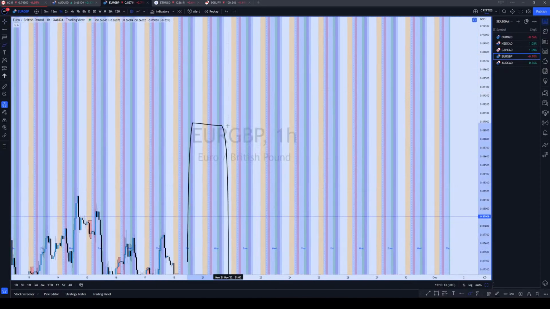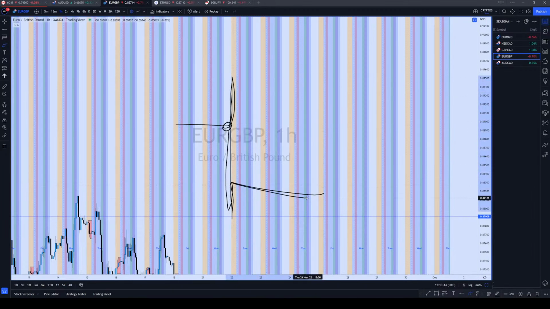ICT teaches us the power of three: the open, manipulation, expansion, and then the close. So this just applied on the weekly. If we open here, the opening price would be that Monday.